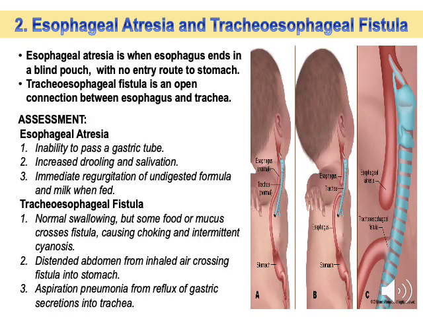Esophageal atresia and tracheoesophageal fistula. Atresia means closed, fistula means open. Esophageal atresia is when the esophagus ends in a blind pouch with no entry route to the stomach. Tracheoesophageal fistula, on the other hand, is an open connection between esophagus and trachea.